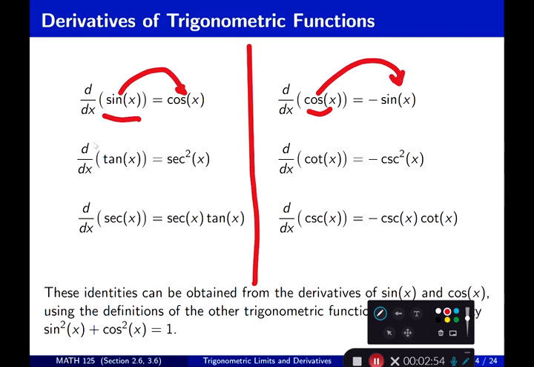How about tangent of x? Derivative of tangent of x is secant squared of x, and derivative of cotangent of x, which is the co-function of tangent of x, is negative cosecant squared of x.